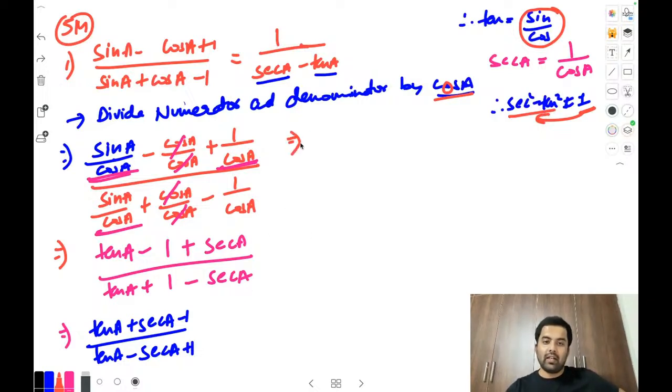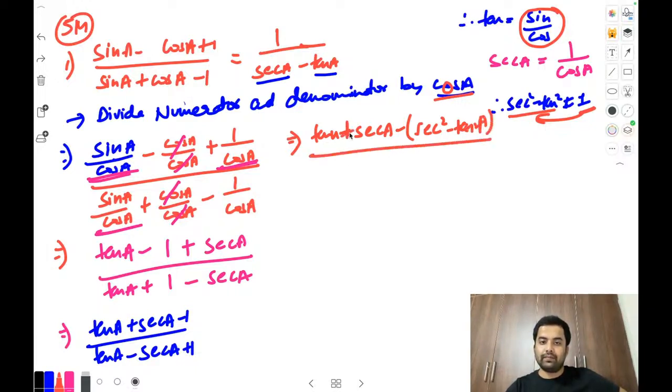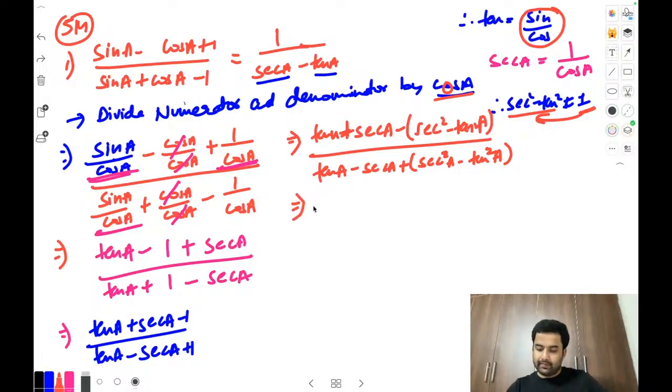Let me write here: tan A plus sec A minus, now keep this value, sec square A minus tan square A. Now here the whole, tan A minus sec A plus sec square A minus tan square A. In place of 1, we kept that one. Okay, next step, what can we do? Can we take anything common here?